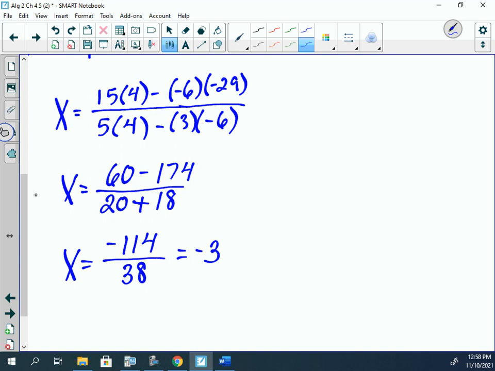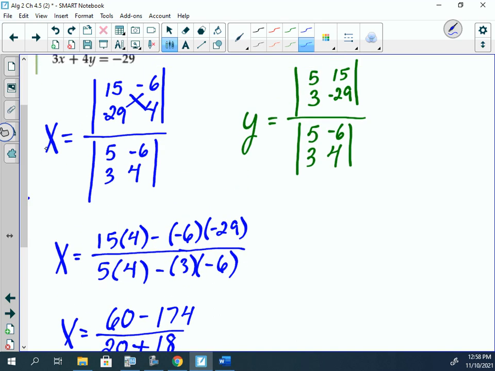Now we need to do the exact same thing for the y value. So we good to move on for y? Okay. Let's write this out for y. On top, we're going to have 5 times negative 29 minus 15 times 3, or 3 times 15. And this is going to be over, what would we write on bottom?